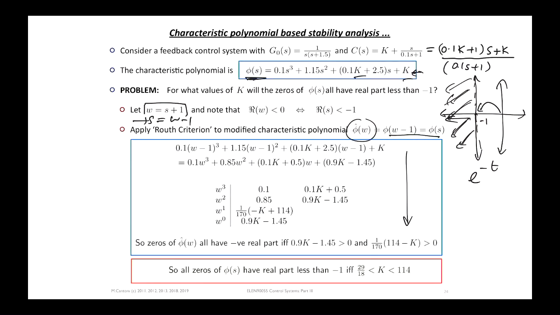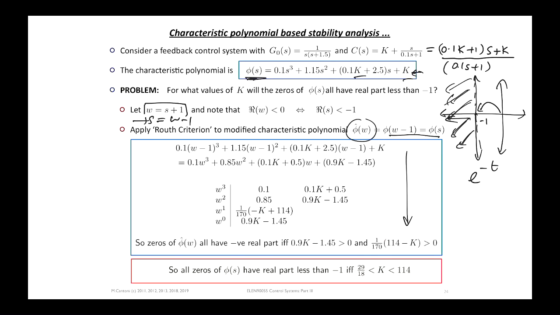But if we want the zeros of this, which are the poles of the closed loop with this as the plant and controller transfer function, to all lie to the left of this line that intersects the real axis at -1, so that all closed loop transients decay faster than e to the -t, I need more than K just being positive, right? I need K to be bigger than some number, but I also need K to be less than some other number. Okay, and that's just coming from these two conditions here. All right?